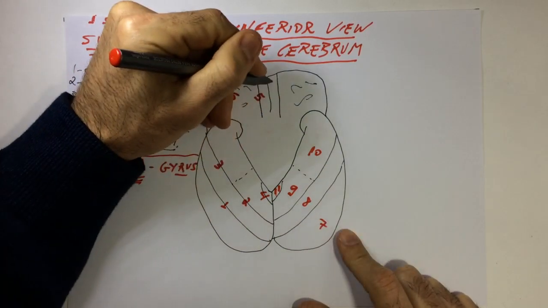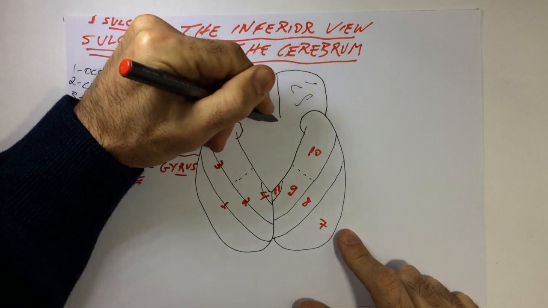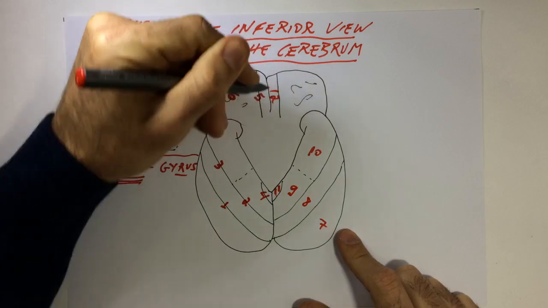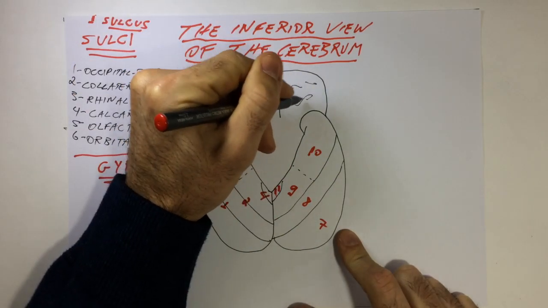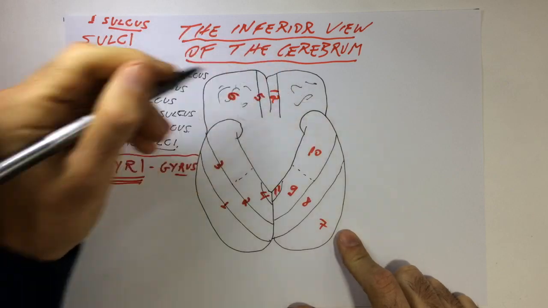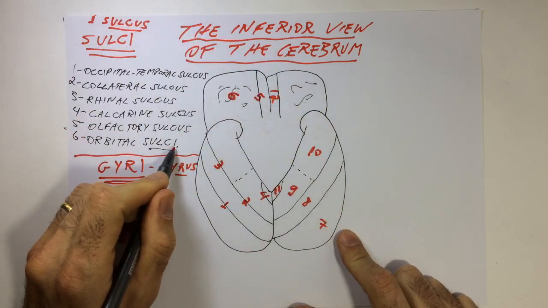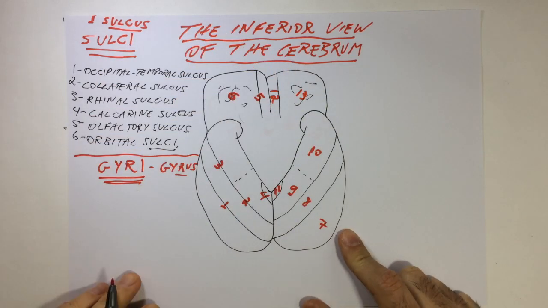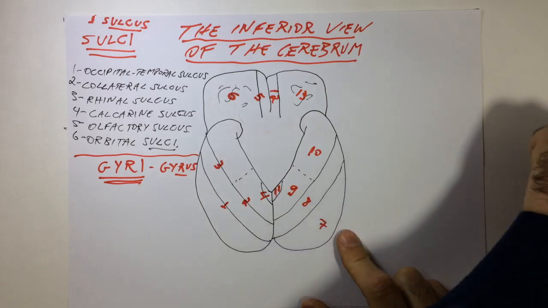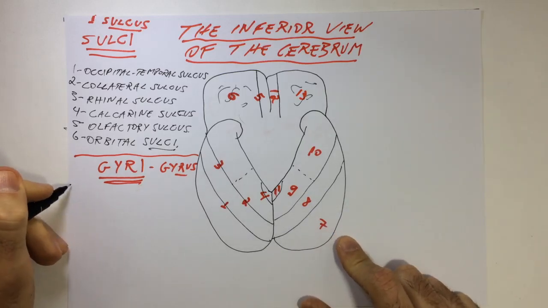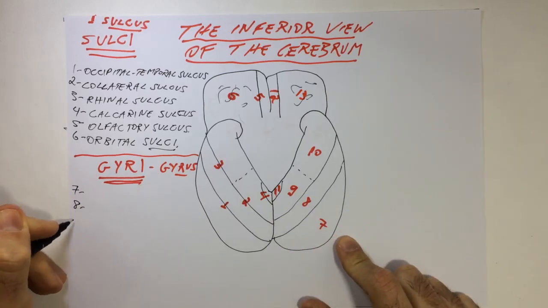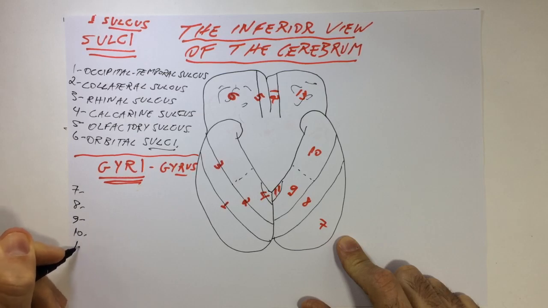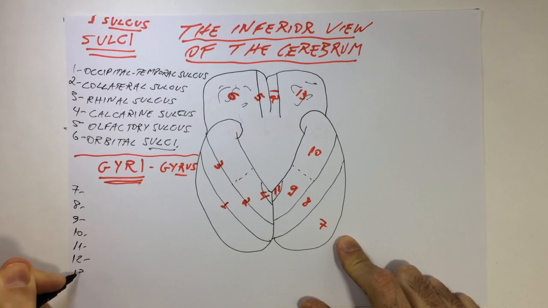Other than that, we have this gyrus here, 12. And we have a lot of gyri in the middle of the orbital sulci. So that would be 13. Okay, so that's pretty much it. So let's just name them. 7, 8, 9, 10, 11, 12, 13.